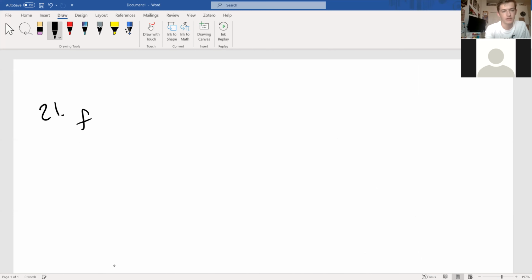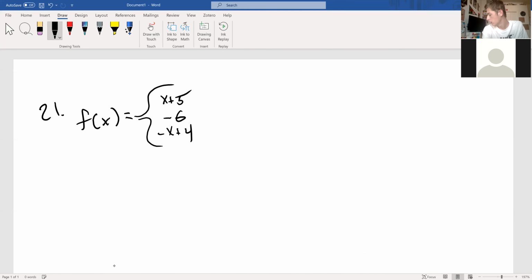So it says f of x is equal to x plus 5, -6, negative x plus 4. And then it goes, this interval is -7 is less than or equal to x is less than 2. x is equal to 2.